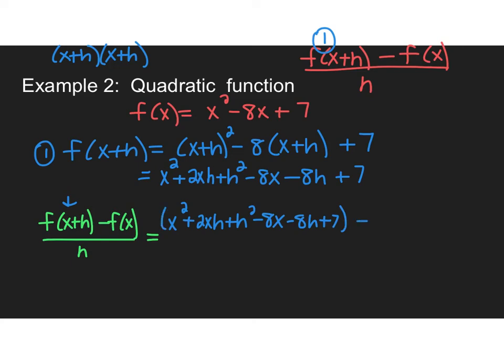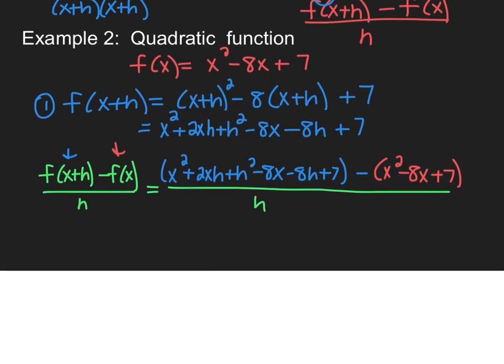From that, we want to subtract our original function of f of x. Again, make sure you put your whole original function in parentheses. And then we're going to divide the whole thing by h.